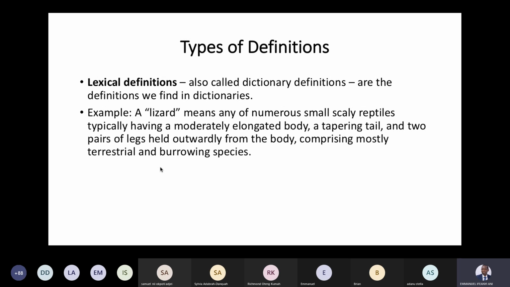Example, a lizard means any of the numerous small scaly reptiles, typically having a moderately elongated body, a tapering tail, and two pairs of legs held outwardly from the body, comprising mostly terrestrial and burrowing species. So this is a long definition of a lizard. You can see this kind of definition is in a dictionary. So we call it a lexical definition.